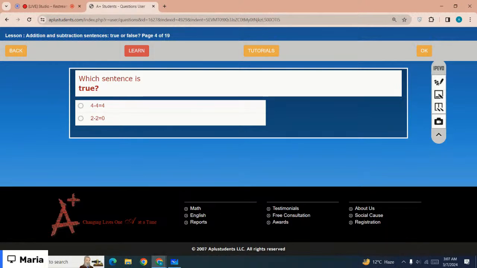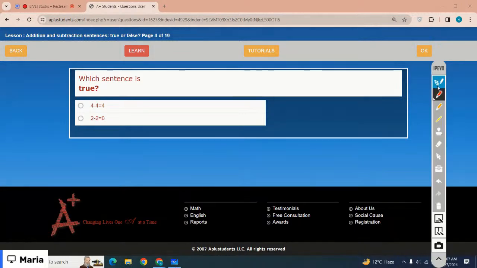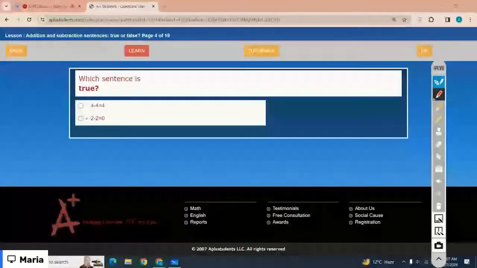Yes, the correct option is 2 take away 2 is 0, right? Because 4 take away 4 is not equal to 4. Option number 2 is the correct option, that is 2 take away 2 is 0.